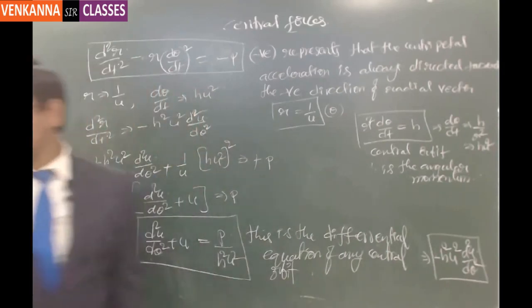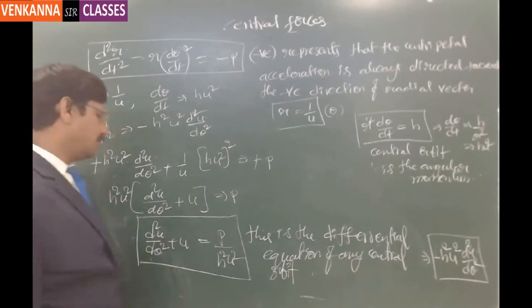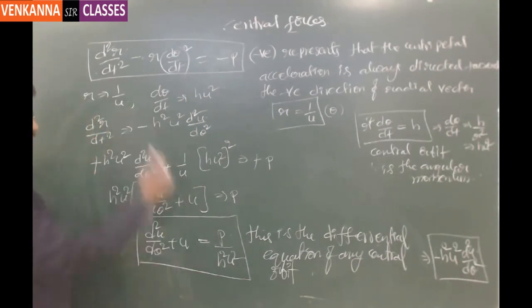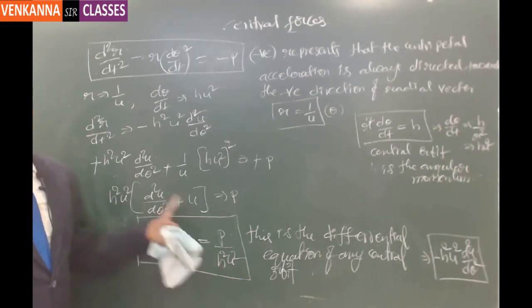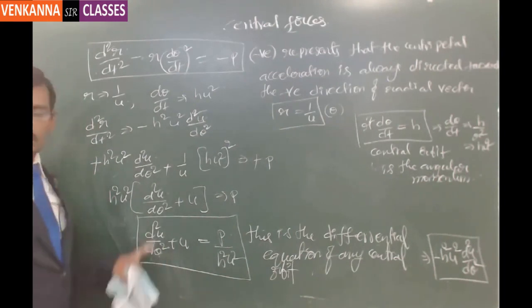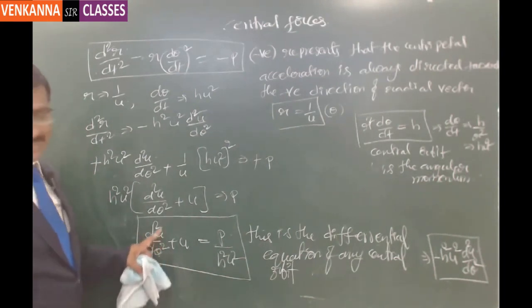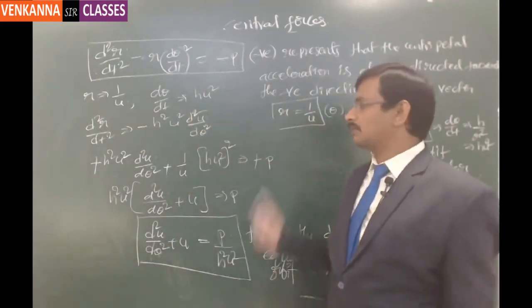Got it? So this is the fundamental relation for any central orbit where u is 1 by r, p is the centripetal acceleration, h is the angular momentum, and theta is the path variable. So r and theta are the fundamental relations which describe the path of the particle, or in this case the path of the planet.